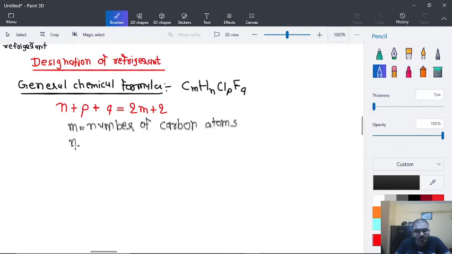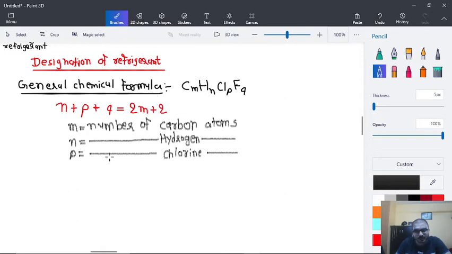N is equal to number of hydrogen atoms. Then P is equal to number of chlorine atoms, and Q is equal to number of fluorine atoms.